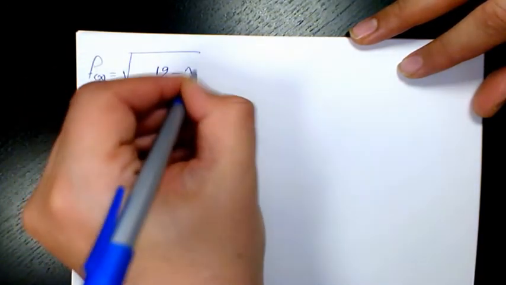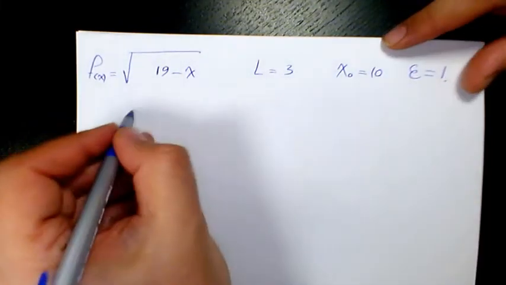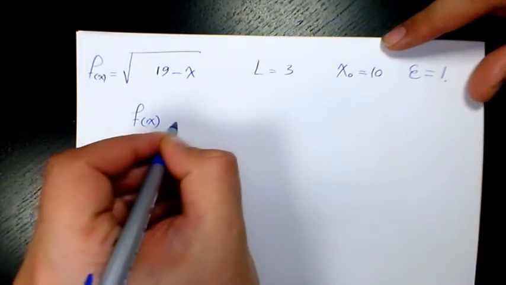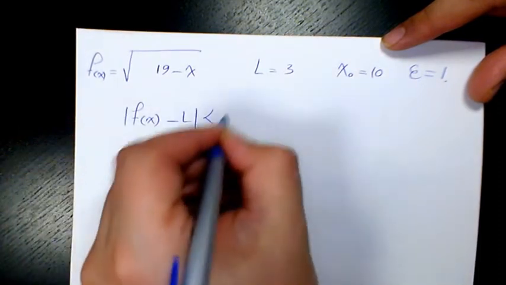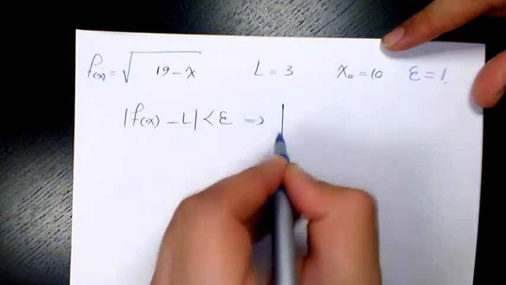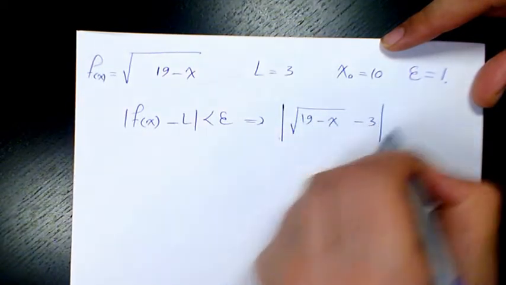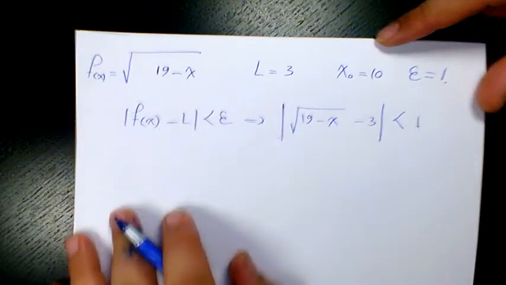Next example, we have f of x equals square root of 19 minus x. L is 3, x naught is 10, epsilon is 1. So f of x minus L has to be less than epsilon. So square root of 19 minus x minus 3 has to be less than 1.